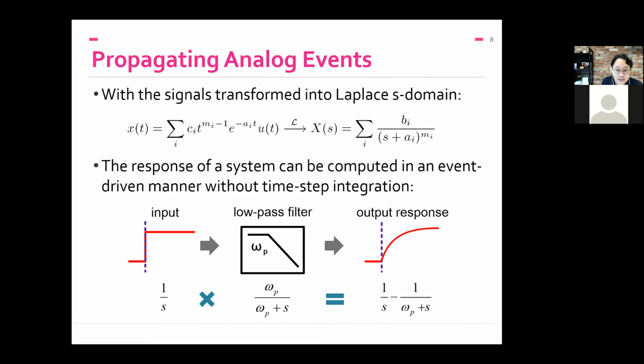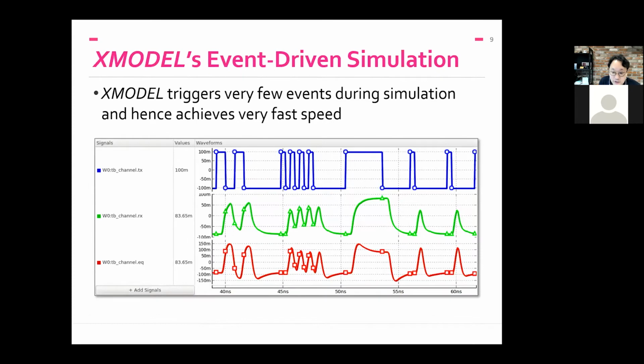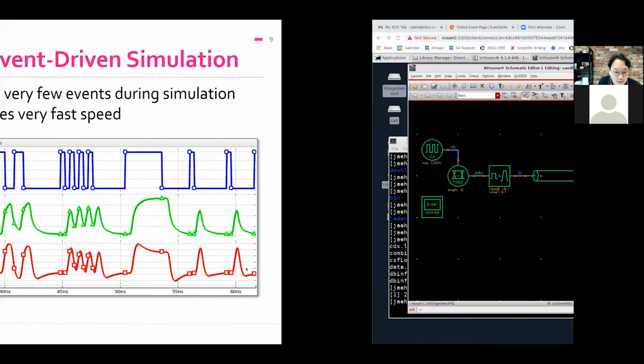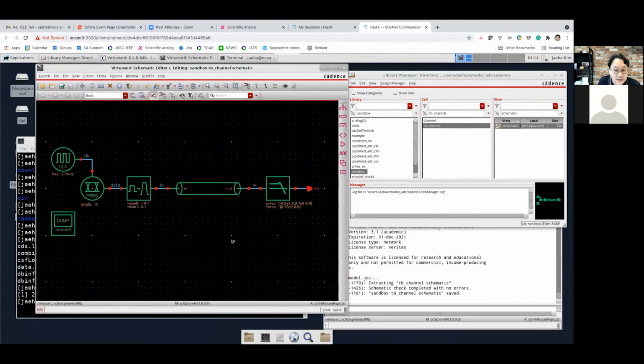Okay. So maybe I'll show a very short demo to illustrate this. So here what I have is a schematic describing a very simple model of a high-speed I/O. These little blocks are what we call Xmodel primitives.